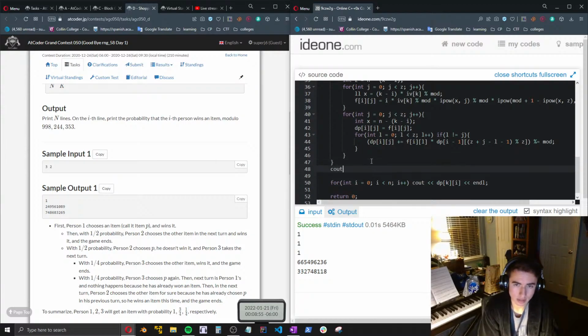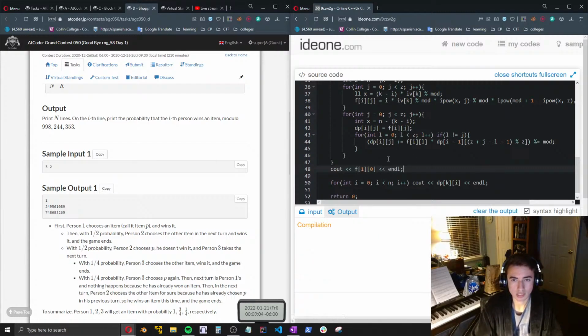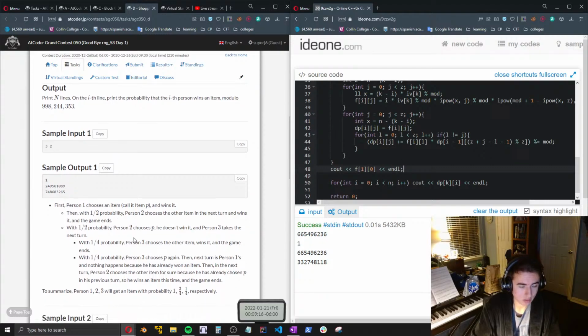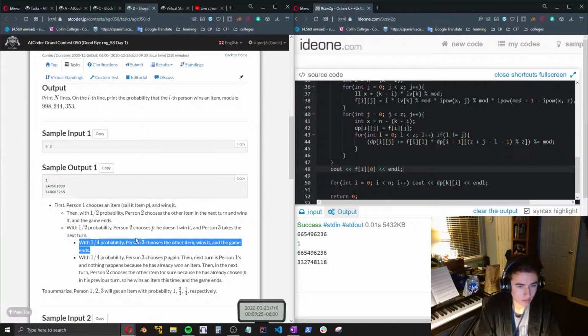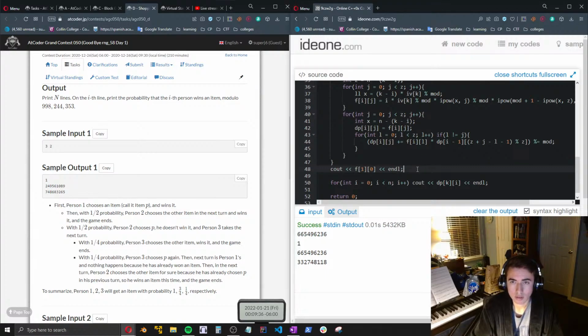First off, let's see. Sorry. This should not be equal to 1, right? If this is equal to 1, then I did something wrong. First person guarantees to win. So what am I calculating?